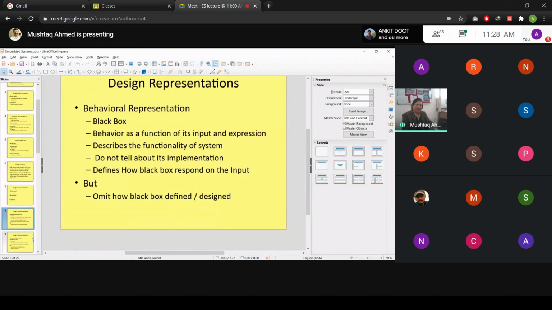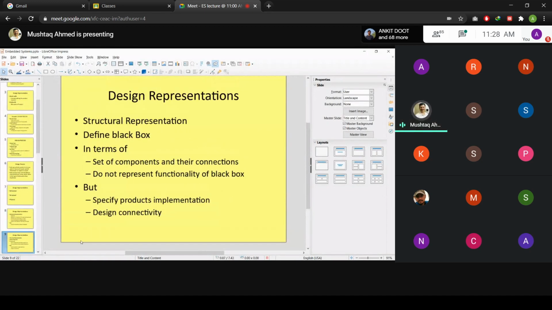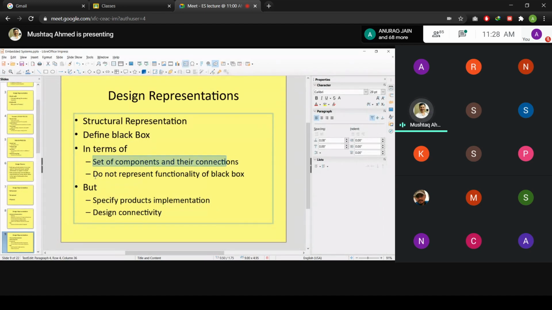Whereas in the structural representation, we just need to specify the number of components that need to be there and what type of function each component would have to perform, and based on that, the product implementation can be made. So the representations and the writing or structure at the behavioral level and the structural level are quite different, and it gives a more detailed description of these types of devices.